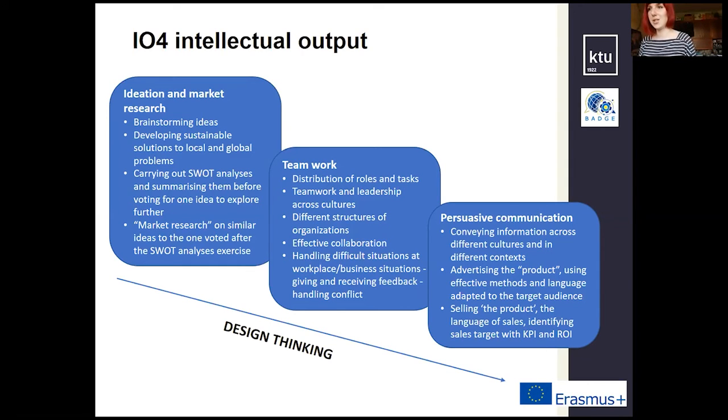As you can see, the first one is ideation and market research. Then we have teamwork. And then we have persuasive communication or persuasive use of language. And so these are our main, let's say, pillars that we're going to focus on. And as you can see, there are different subtopics in each and every one of them.